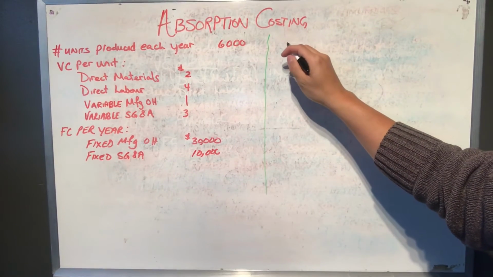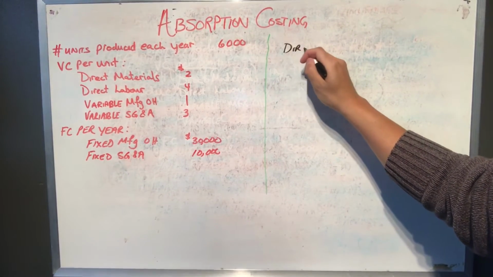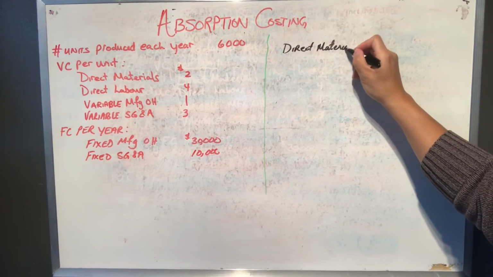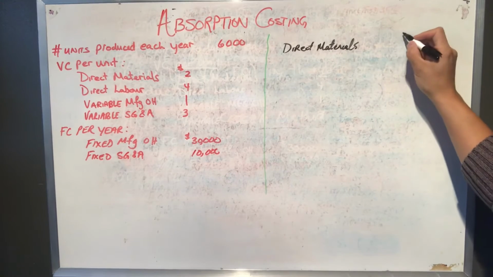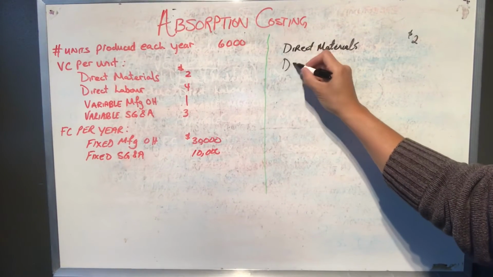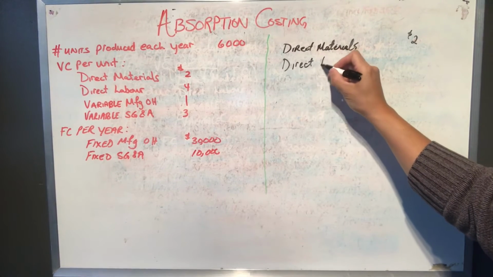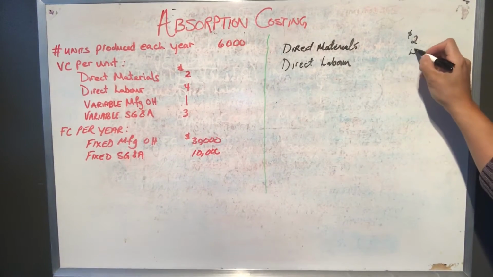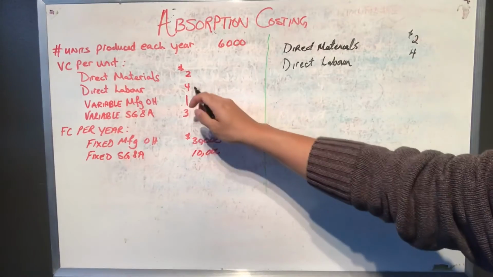So we know that direct materials we have to account for, so that's $2. There's direct labor that we will account for as well, and that's $4. So far we have this one and this one.